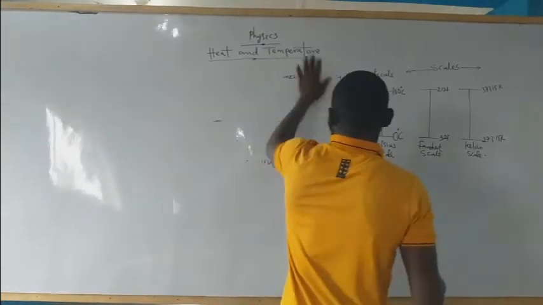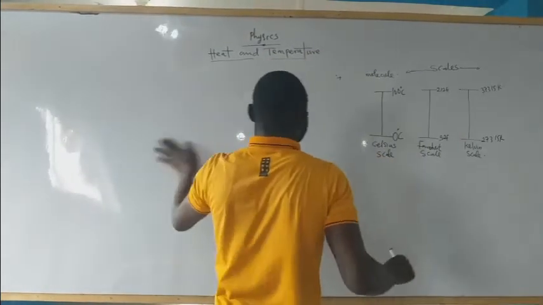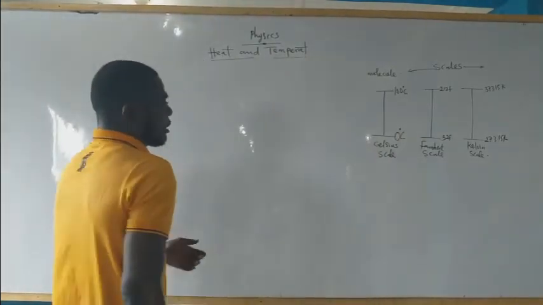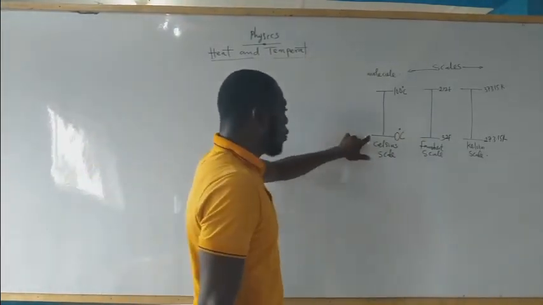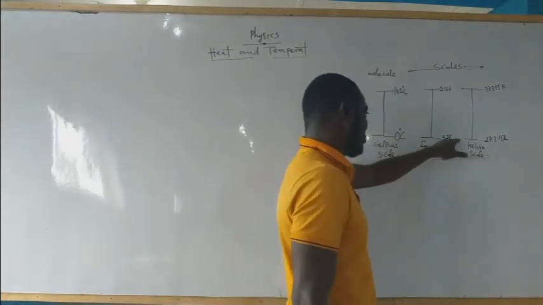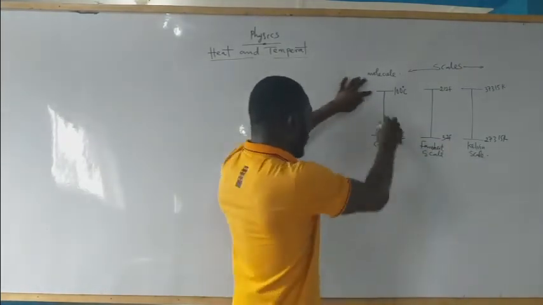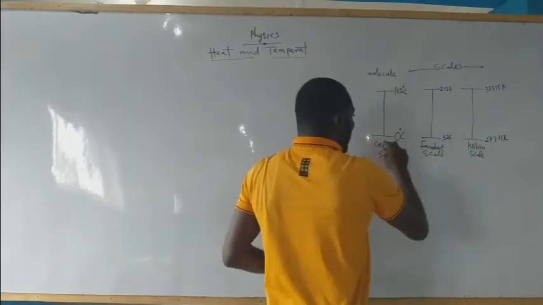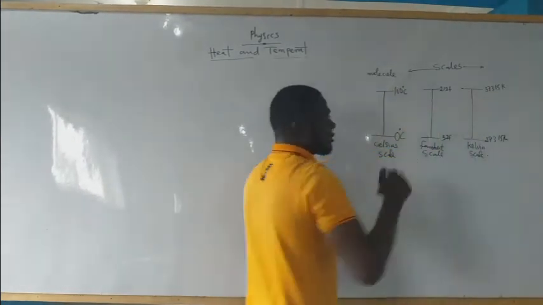Take it. This is known as the lower fixed point, while these are the upper fixed point. Take note: lower fixed point to upper fixed point.